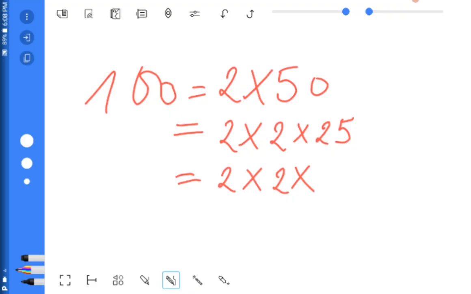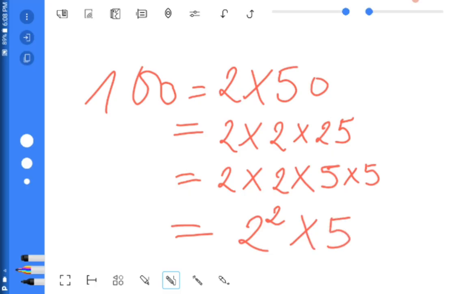Now this 25 is the same as 5 times 5. So this is the same as 2 raised to the power of 2 times 5 raised to the power of 2, and that is your answer.